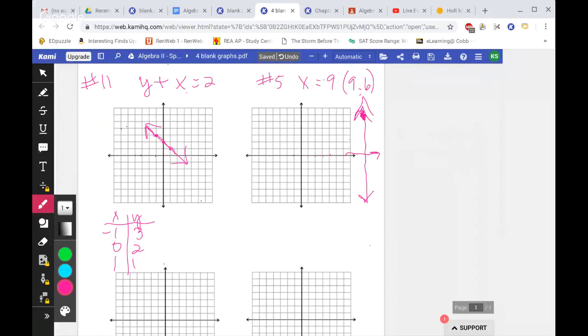If you graphed it, you could see that it was a solution, right? Yeah. Okay. If you look at the ordered pair, does x equal 9? What is the x in the ordered pair? Yeah, it is 9. So it's true. It is a solution. Does that make sense? Yeah.